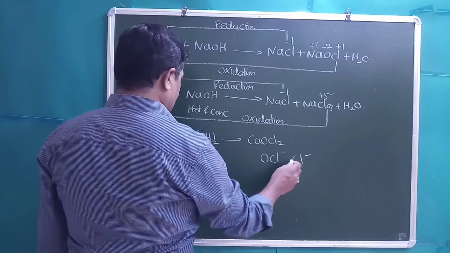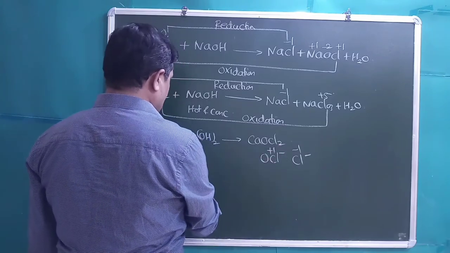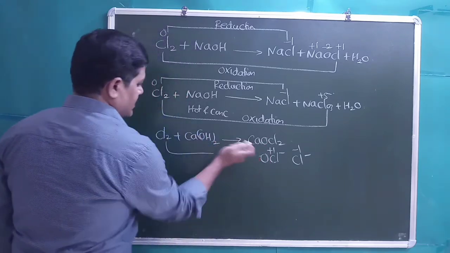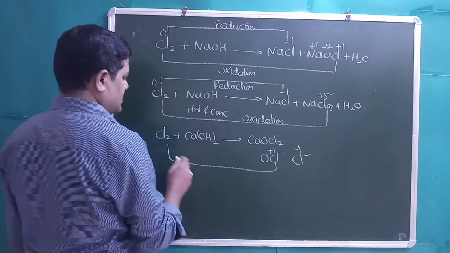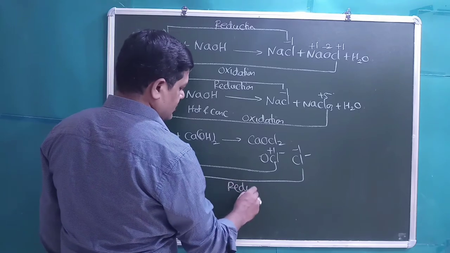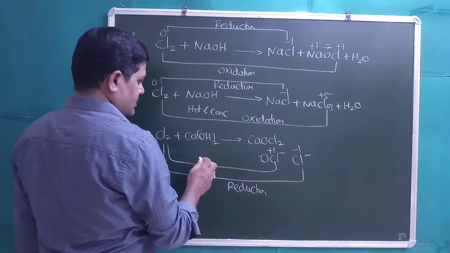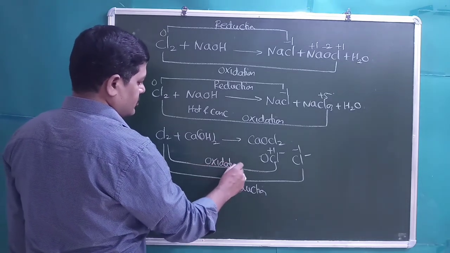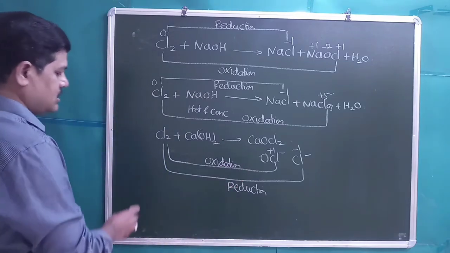So it has the -1 oxidation state as well as the +1 oxidation state, right? 0 to +1 is oxidation, and 0 to -1 is reduction. The same element is undergoing both oxidation and reduction, which is called a disproportionation reaction.